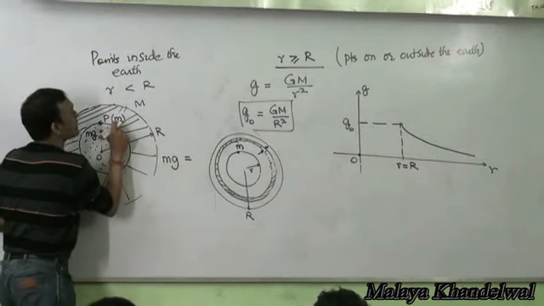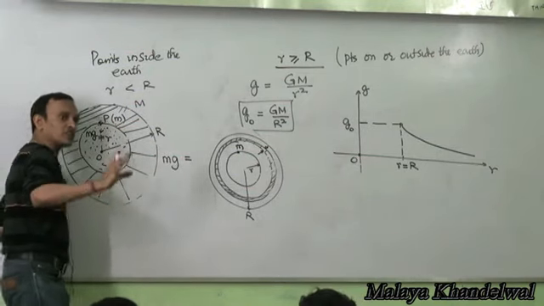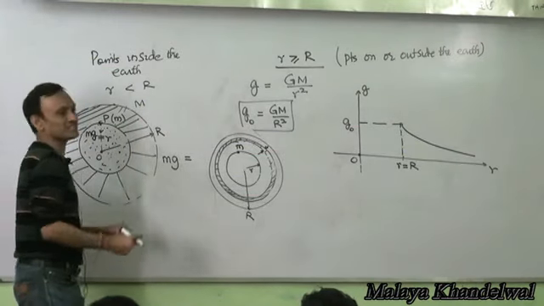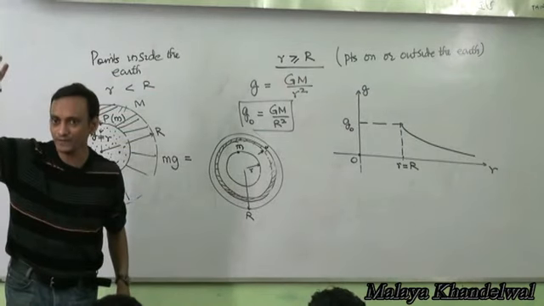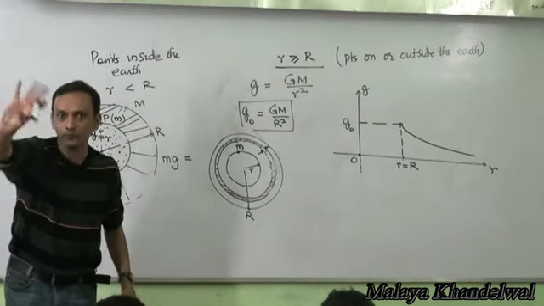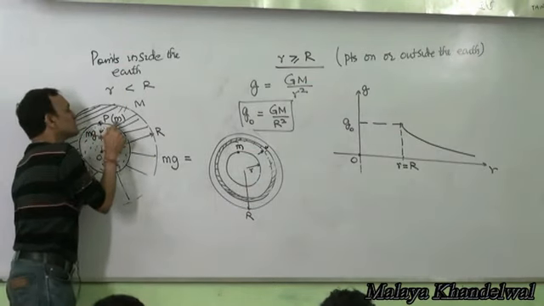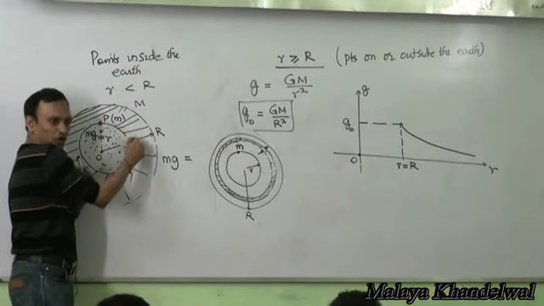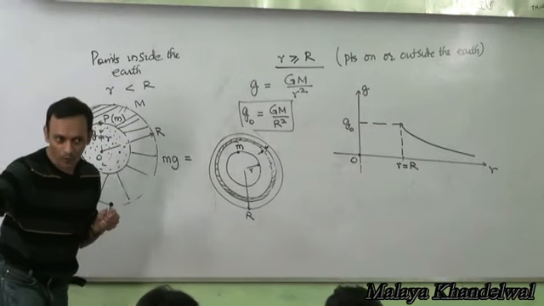No net force is experienced by small m because of this shaded region, because this entire shaded region is infinity of spherical shells and the mass m lies inside each one of these shells. Right? So, do you understand this fact? That means the only force that this small m experiences is because of the spherical mass on which it lies. Yes or no?